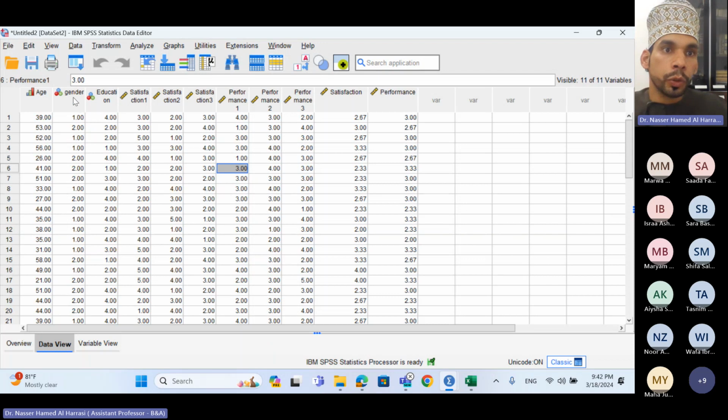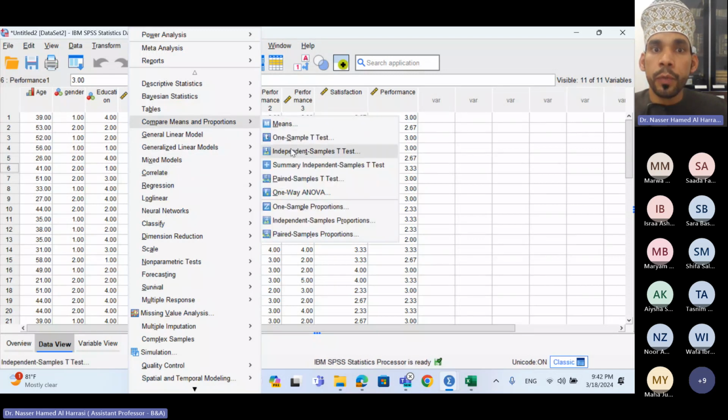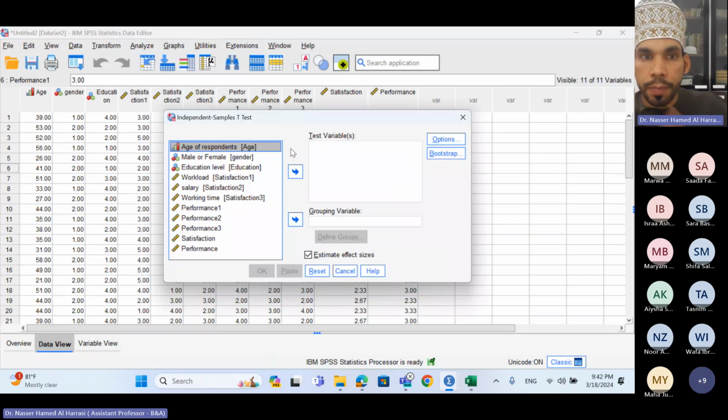Now, what we are going to do, the same thing. We go to compare means. Then we are going to use independent sample t-test. We are going to use it because here we are having groups. Let's say now we would like, for example, satisfaction. The test variable, satisfaction.